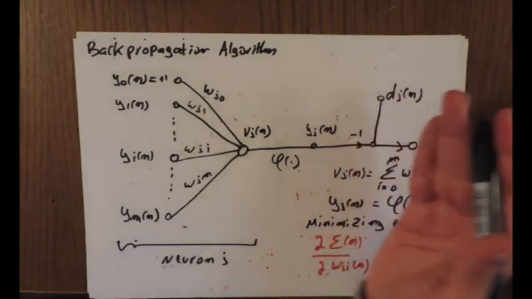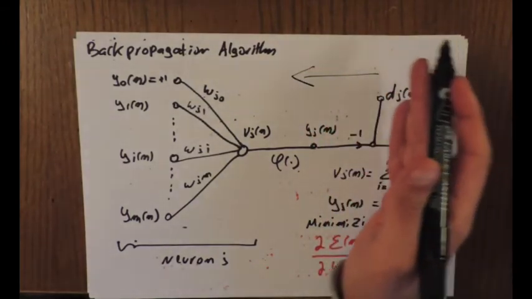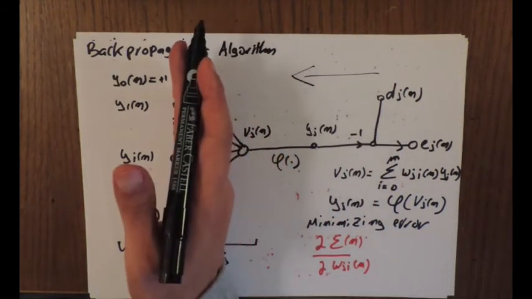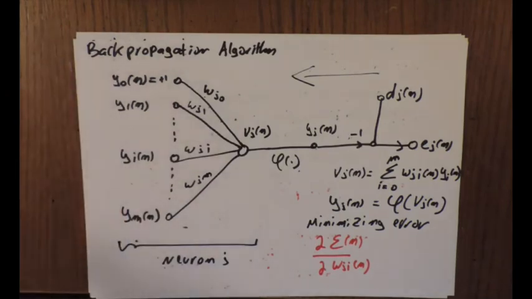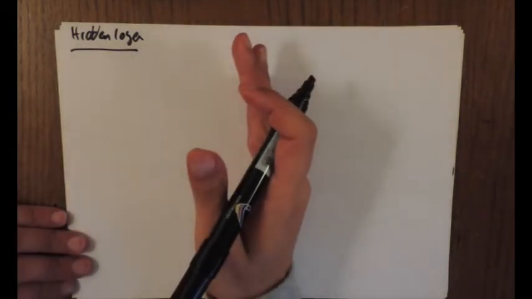Once I had the output, I went back with the error signals and started calculating the gradient. Now what if I have a previous layer here? If we want to draw it nicely, in the case of the hidden layer we have two layers, the output and the hidden.